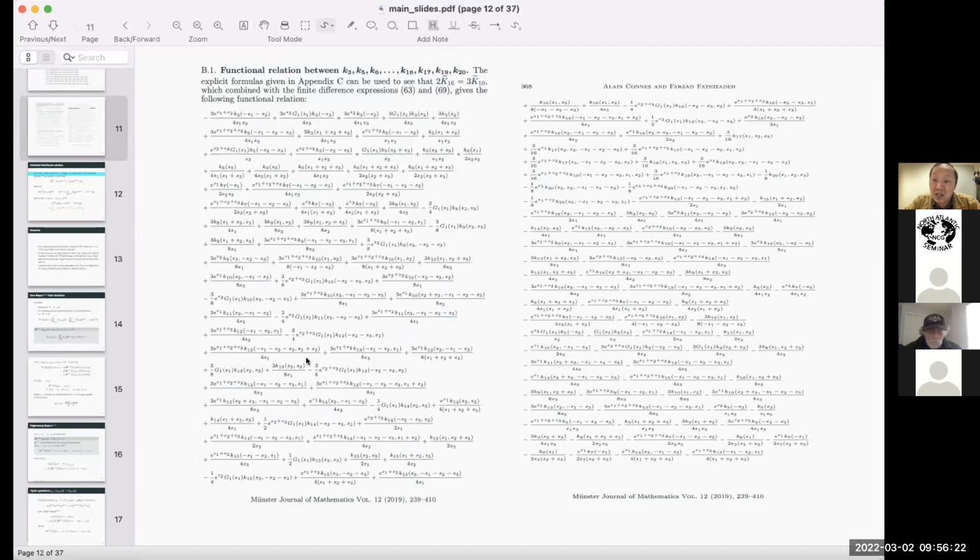Let me add one fact. I was collaborating with Farzad when he found that. Abstractly, we had formulas which had to be true with finite differences. Then Farzad asked the computer to check whether it's true or not. He did several rounds of checks because he was so pleased with this fact.